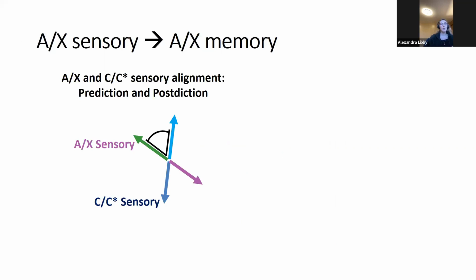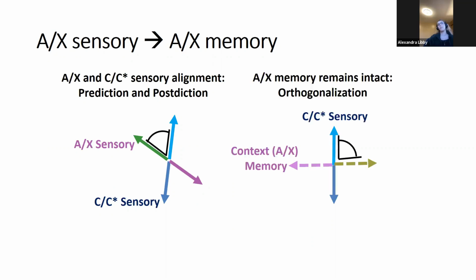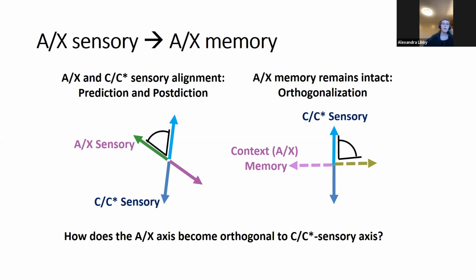Like I said, you have that alignment between the two sensory axes that leads to prediction and postdiction, but the transformation over time allows the AX memory axis to be orthogonal to C/C prime sensory, and that is why the short-term memory of AX is preserved. Okay, so then the question becomes, how does that transformation happen over time?